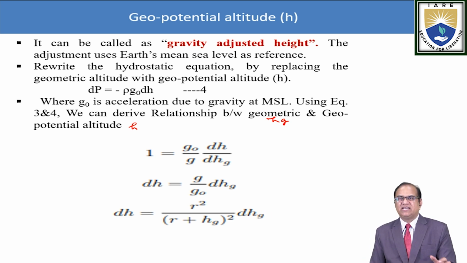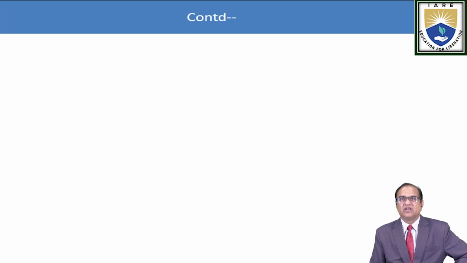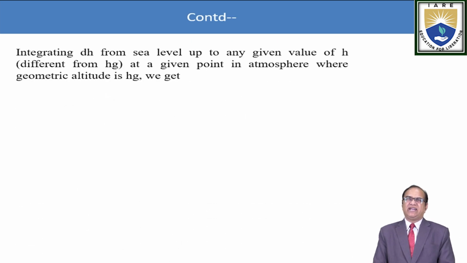So this is the relation which we have got, that dh is equal to r square by r plus hg whole square into dhg. We can see that we are integrating dh from sea level up to any given value of h, which is different from hg, at a given point in the atmosphere where the geometric altitude is hg.